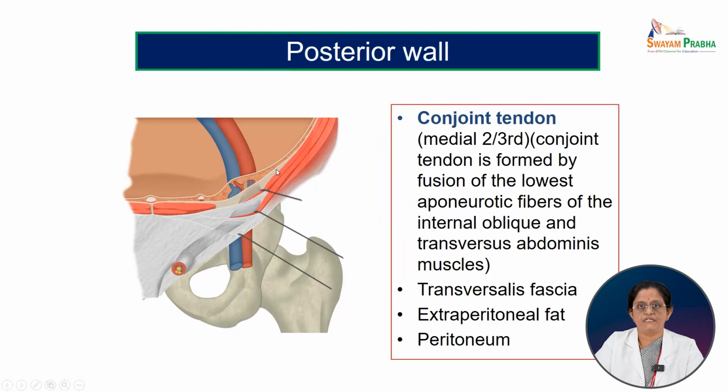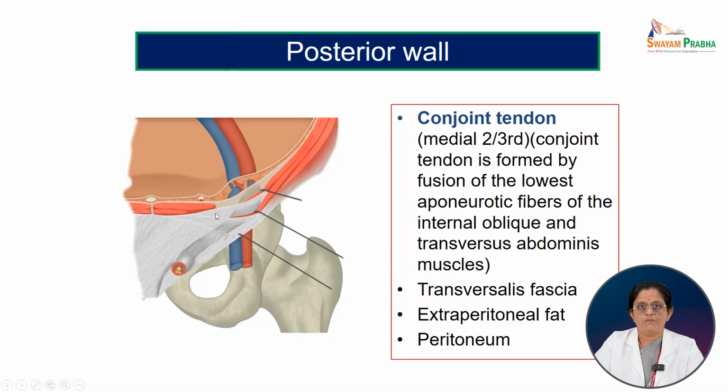Now, we will look at the posterior wall of the inguinal canal. This is the posterior wall. In its whole extent, the posterior boundary is formed by the fascia transversalis, extraperitoneal connective tissue and the peritoneum. In the medial 2/3, the posterior boundary is formed by conjoint tendon. What is this conjoint tendon?